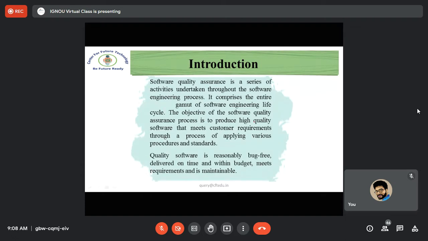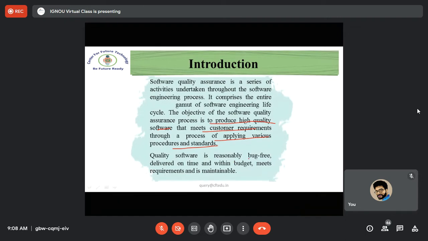The objective of the software quality assurance process is to produce high quality software, and quality always revolves around the customer requirement. Through the process of applying various procedures and standards, we will be able to achieve that quality dimension of the software. Quality software is reasonably bug free.